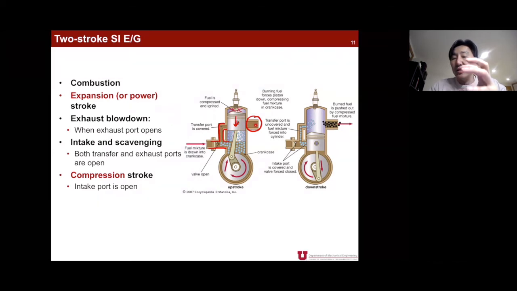And because the cylinder is quite empty, this fresh air and fuel mixture is pushed by the downward movement of the piston, and we have a certain branch pipeline here. So the air and fuel mixture can flow through this branch to take up the empty space of the upper part of the cylinder.